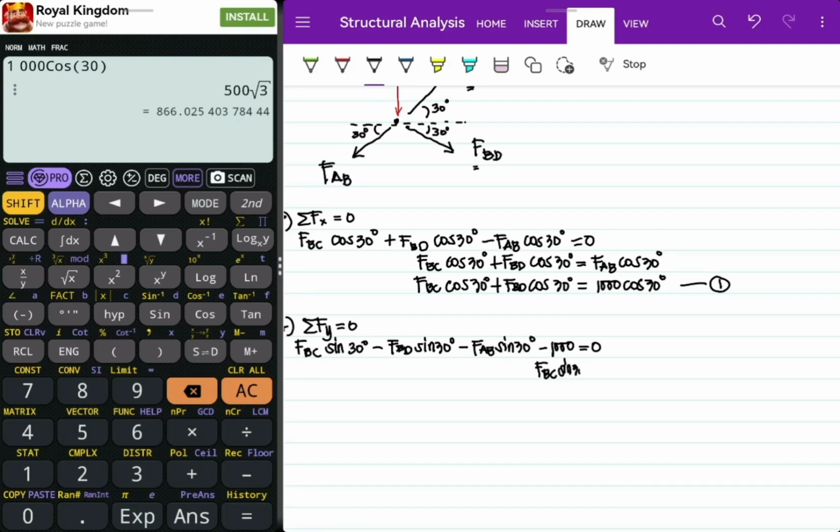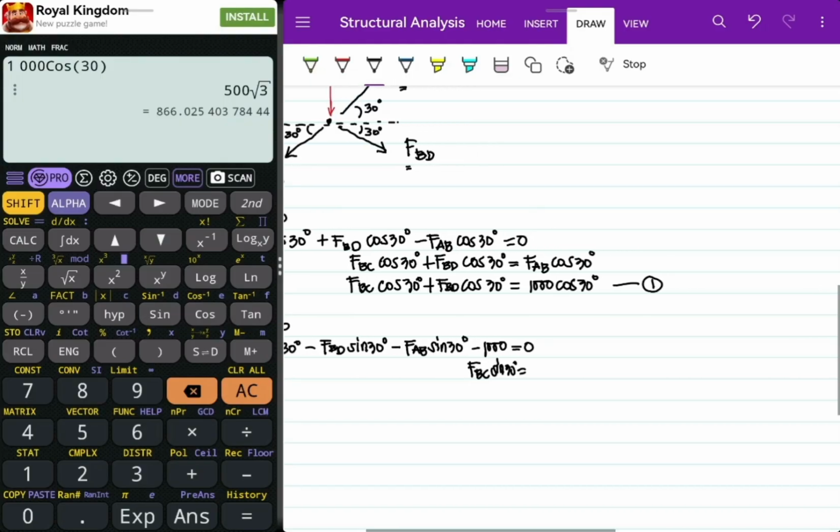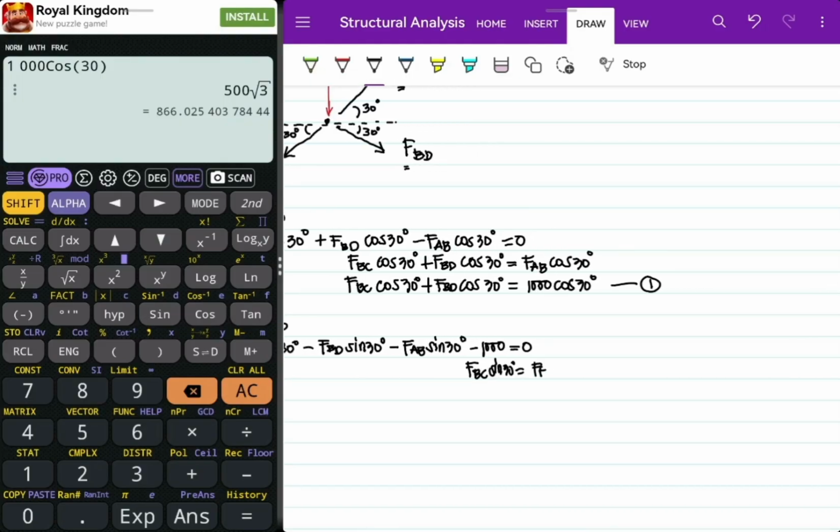We can now say that FBC sine 30 degrees is equal to FBD sine 30 degrees plus force AB sine 30 degrees plus 1000.